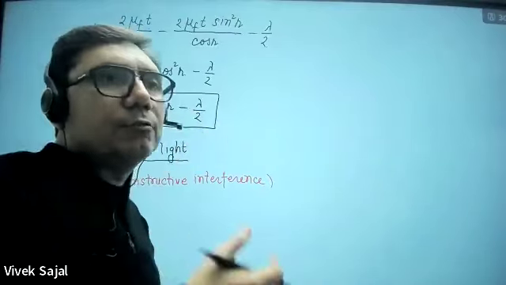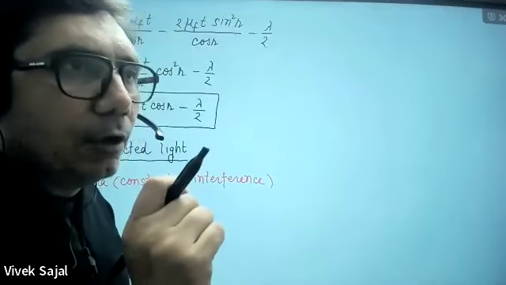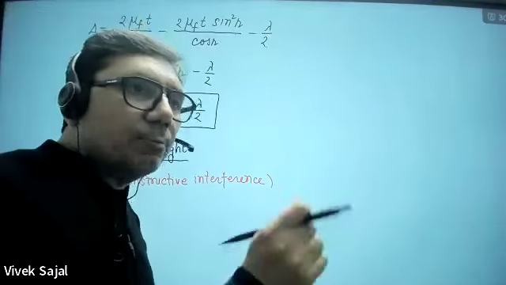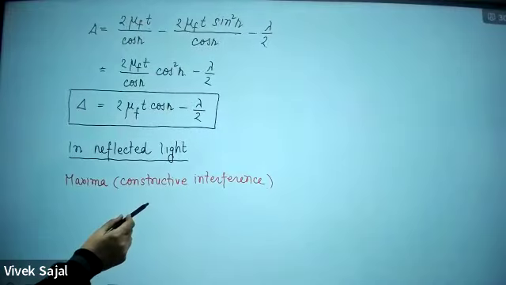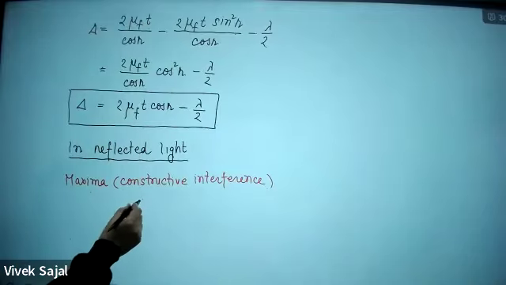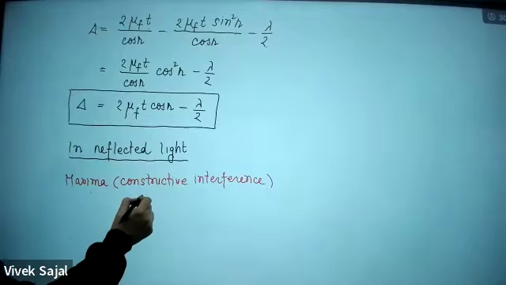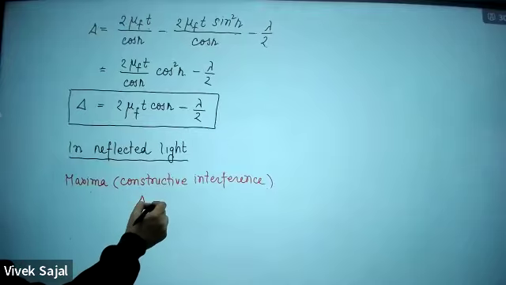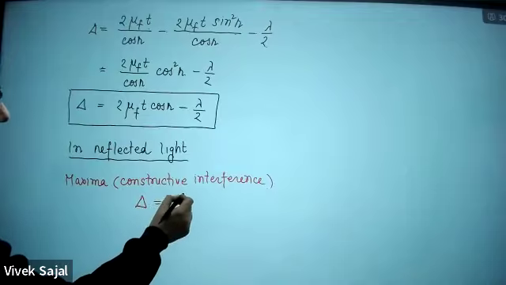Whatever color you observe in the reflected light, the wavelengths corresponding to those colors should satisfy the condition of maxima. And the condition of maxima is that delta should be equal to n lambda.